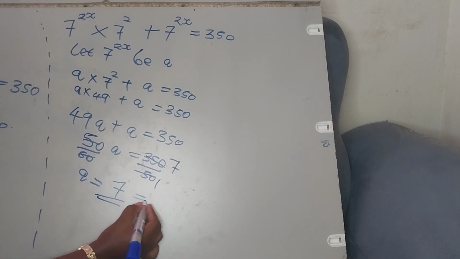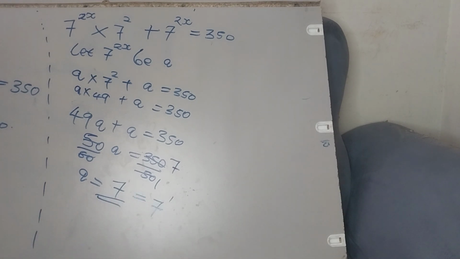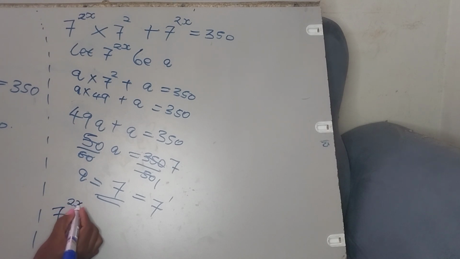7 is simply the same as 7 to power 1. But what was our A? Our A was 7 to power 2x.